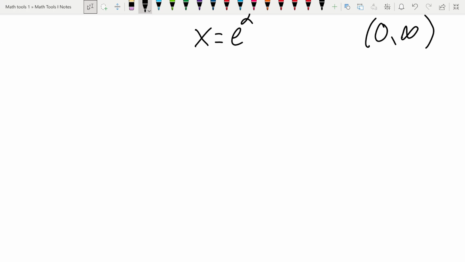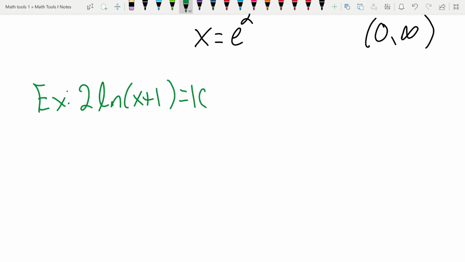Okay, let's go to our next equation: 2 natural log of x plus 1 equals 10. Again, there's not a whole lot to do here.